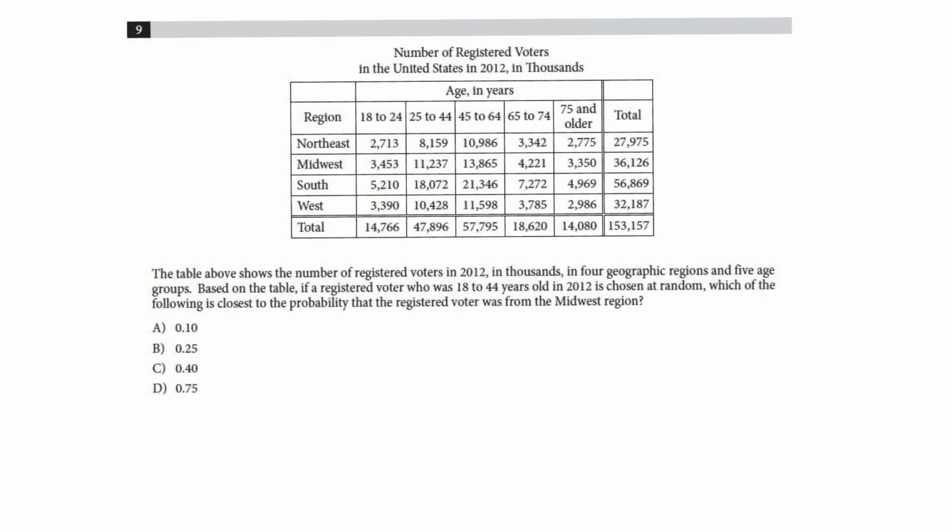All right, that's the big one. We've got the number of registered voters in the United States in 2012 in thousands. The table above shows the number of registered voters in 2012 in thousands in 4 geographic regions and 5 age groups. Based on the table, if a registered voter who was 18 to 44 years old in 2012 is chosen at random, which of the following is closest to the probability that the registered voter was from the Midwest region?